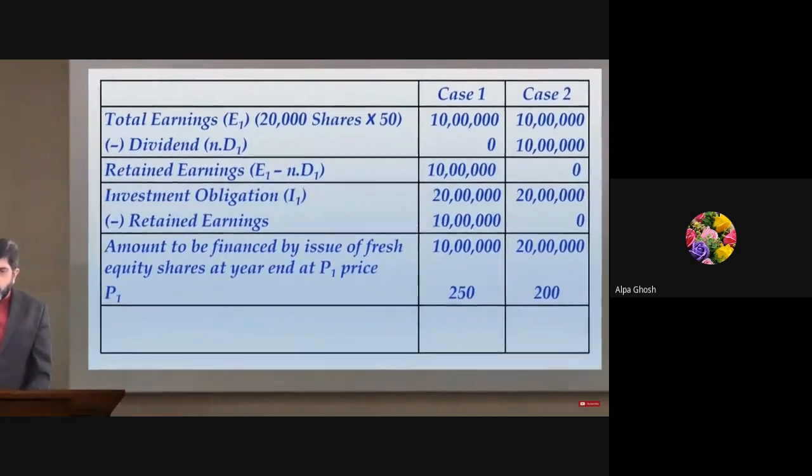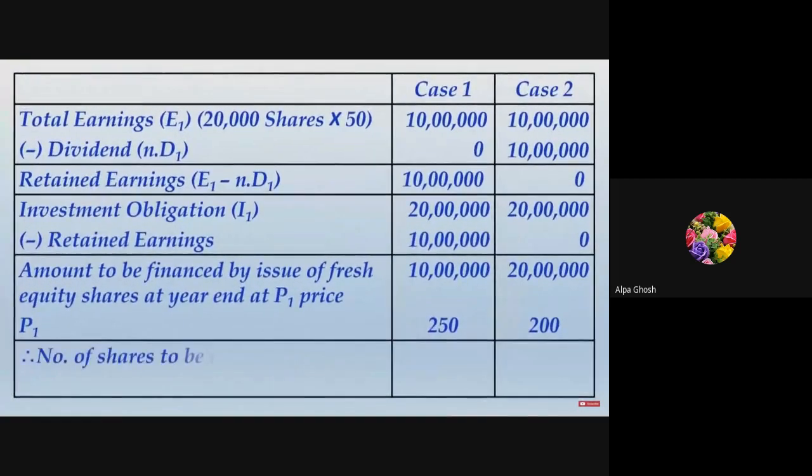I'll show you the number of shares to be issued in each case, and we are calling this small m. If you can recall from the model formula, small m indicates additional shares issued at year end. So it is 4,000 shares in case 1 and 10,000 shares in case 2.